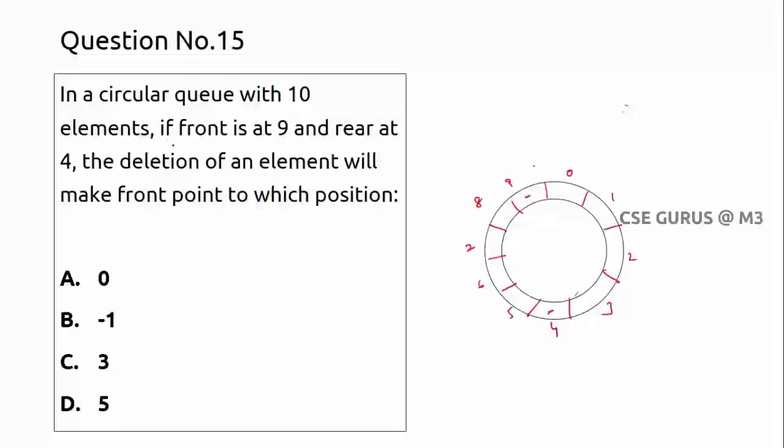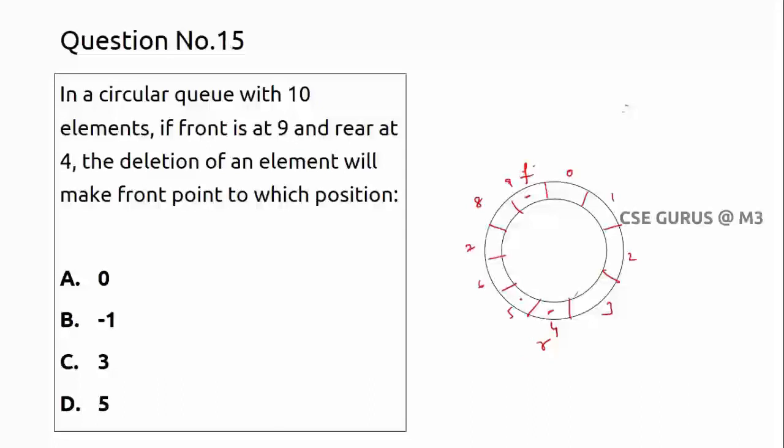Question about circular queue. So if in a circular queue the front is at 9, we know that front means we can delete the elements, from rear means we can insert the elements. The deletion of an element will make. So front is at 9, here F is there, front, and rear is at 4, here R is there. So from this position you have to insert the element.